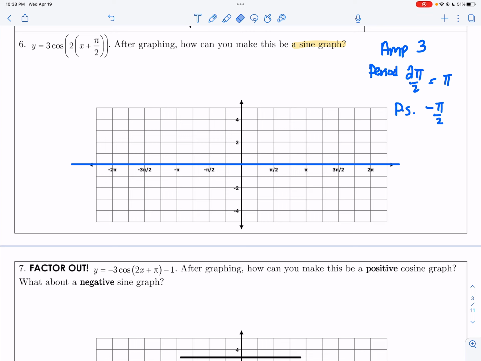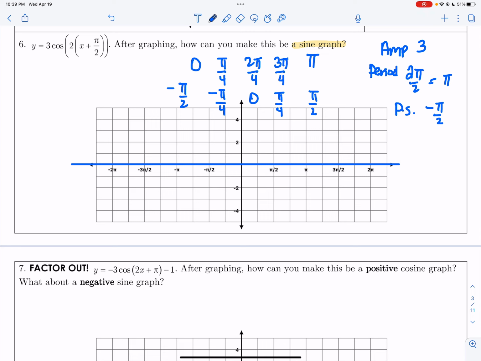Because my period is from 0 to pi, I am going to make quarters. And then I am going to subtract pi over 2. Ugh, this is going to be a little bit nasty. All right, once I get that, this tells me that I'm going to start at -pi over 2.